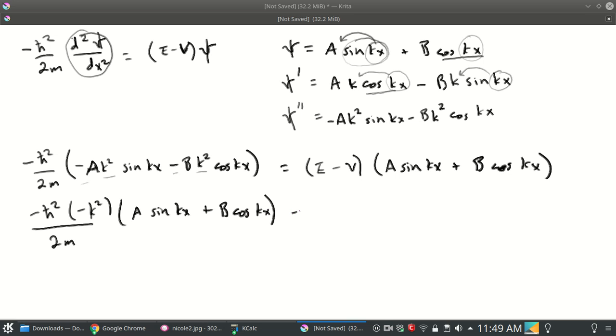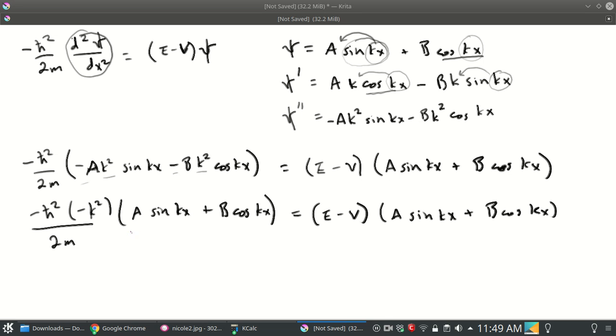And this is why this psi, this wave function psi, is a solution to this equation. Because you take the second derivative of psi, and you end up with negative k squared times the same thing, which is just psi.